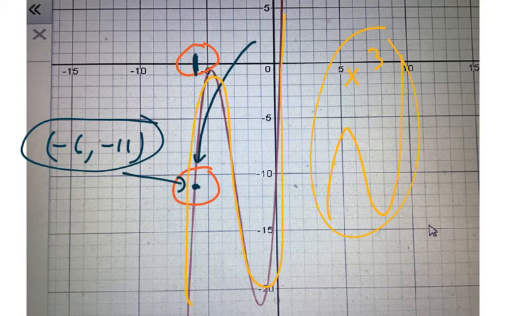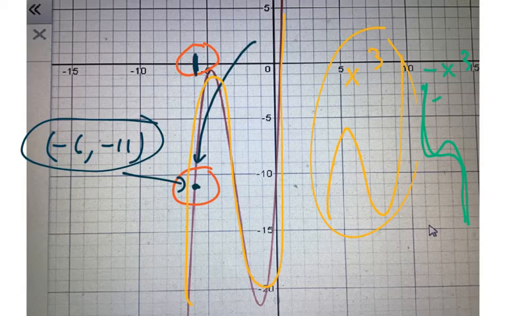If it was a negative x cubed, it would just flip around and go the other way like this. Well, actually, that's x to the 4th. Let me try that again. So instead of snaking this way, it would snake the opposite way like this. Okay? Maybe there's a bigger hump in there. But that's what an x cubed always looks like.